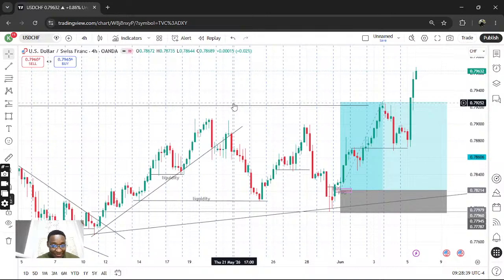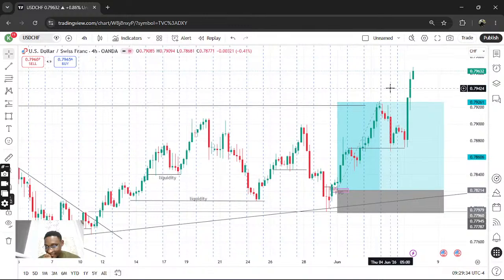When the market returned to this particular point, it created equal lows, and these equal lows formed liquidity. Below these equal lows is the order block, that doji candle from the daily time frame. That is exactly where you'll be waiting for the market to tap in for you to continue going upwards. Exactly what happened.